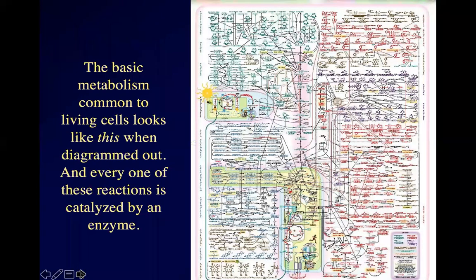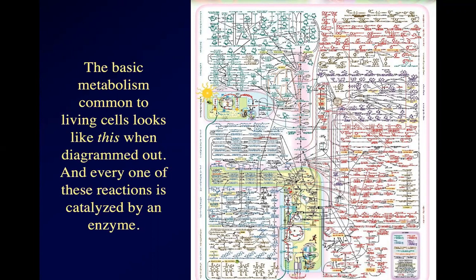But every one of those thin black lines is one chemical reaction that your cells can carry out. And every one of those reactions happens because your cell has an enzyme that can carry it out. Every one of those chemical reactions exists because there's an enzyme that causes it to happen. Okay, that's metabolism for you.